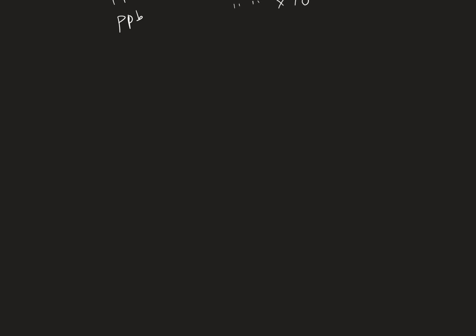So if we have 3 micrograms of chloride in 4 kilograms of tap water, I want to know my concentration. Now, I just pulled this out of my head, so I don't know if it's parts per million or parts per billion. Let's find out. So this is my solute.